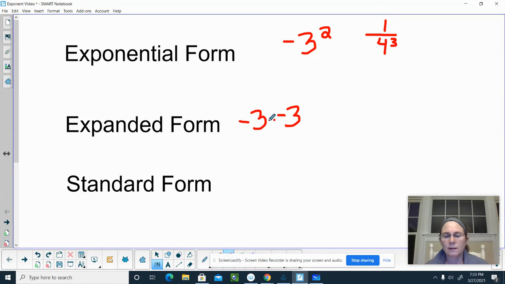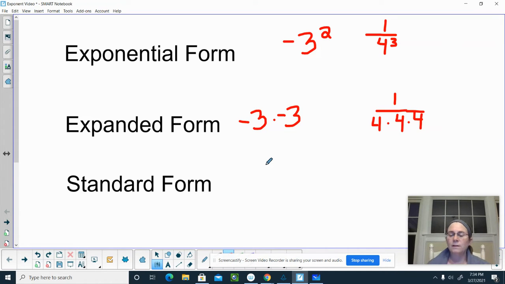And likewise, 1 over 4 to the third, I would take 1 and I'd expand out the 4 to the third. So 1 over 4 times 4 times 4. And both of those are examples of expanded form.